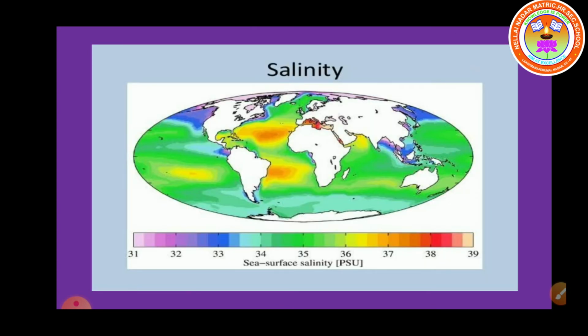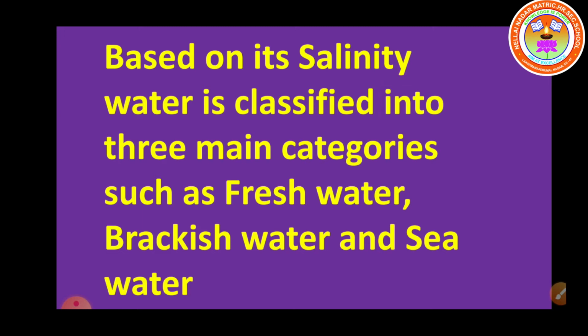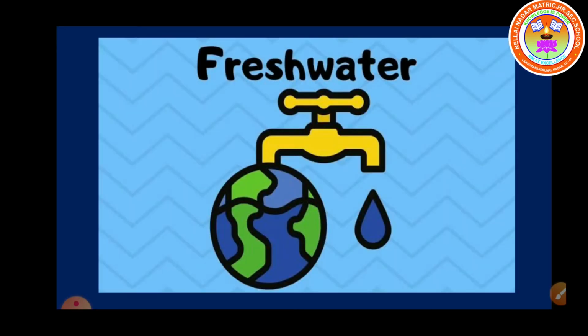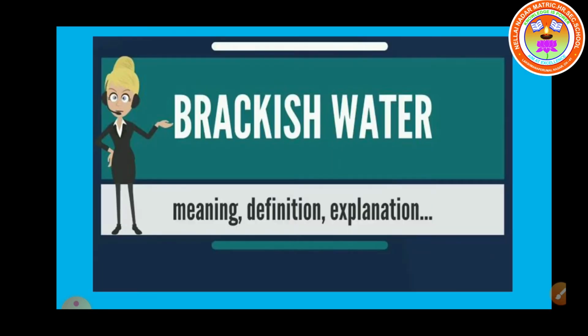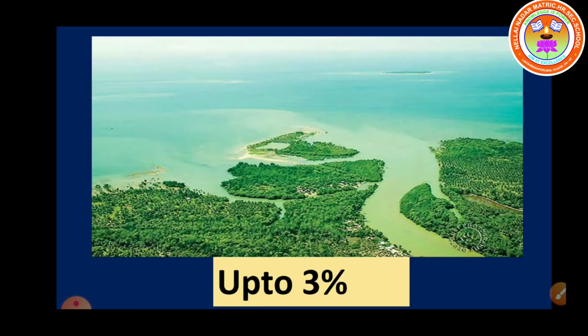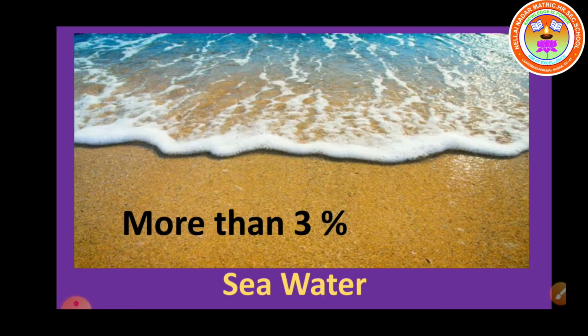Based on its salinity, water is classified into three main categories such as fresh water, brackish water and seawater. Fresh water contains 0.05% to 1% of salt. Brackish water contains up to 3% of salt.